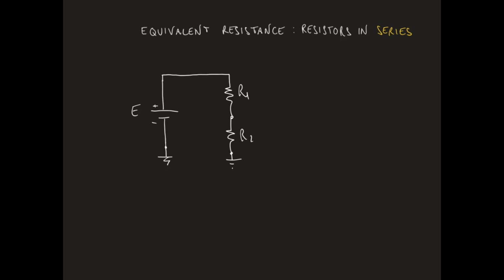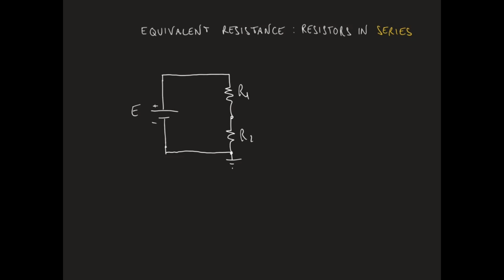Note that the two ground references here represent the same node in the circuit. This means that this circuit is exactly the same as this circuit.